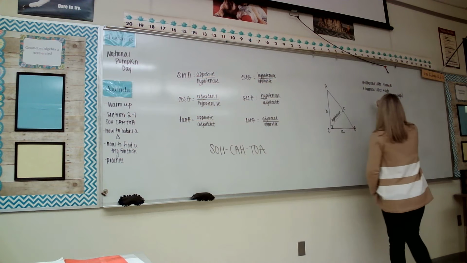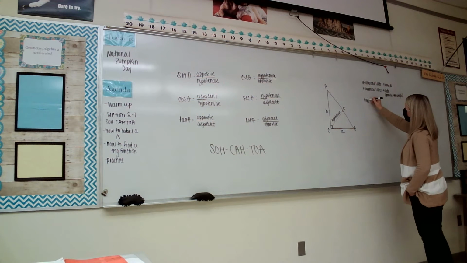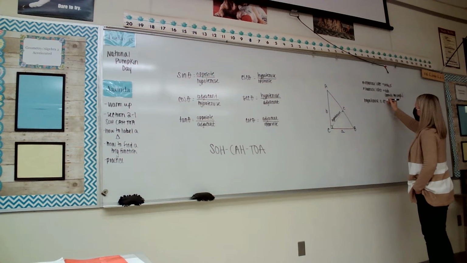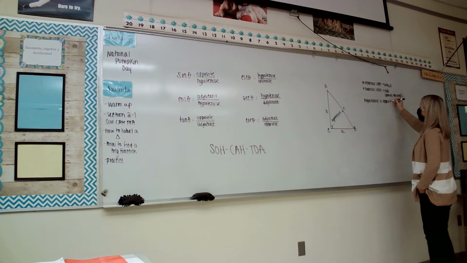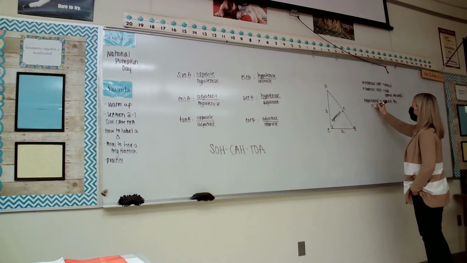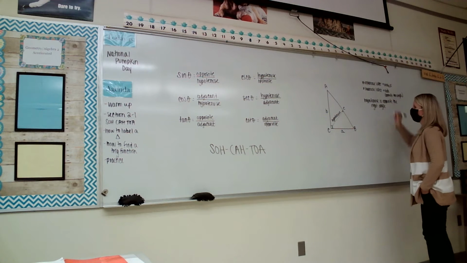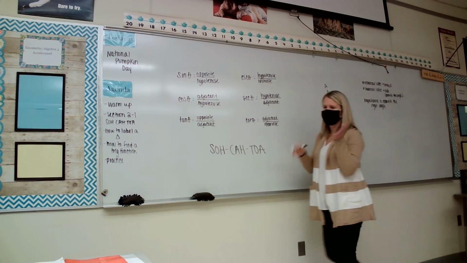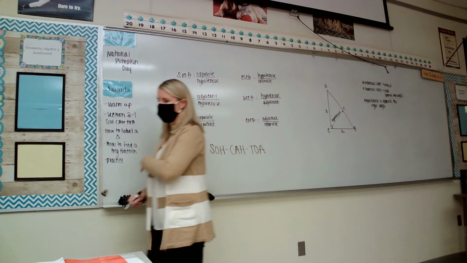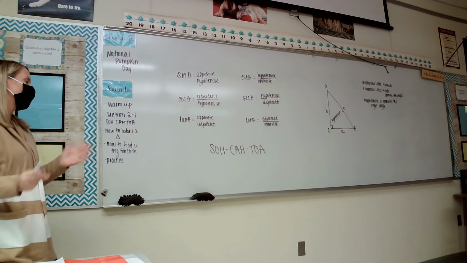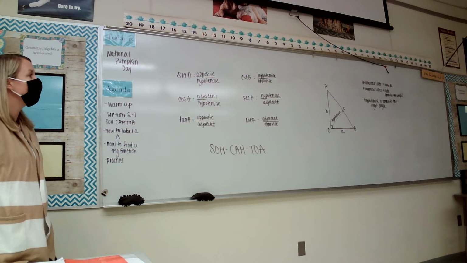So I'll just make a note to myself, hypotenuse is opposite the right angle. So just little things, the adjacent and opposite we'll talk about in a second with an actual example. But just in general, that's how we label a triangle in trig.